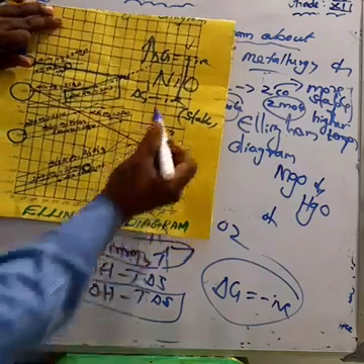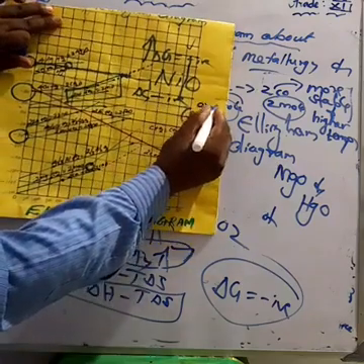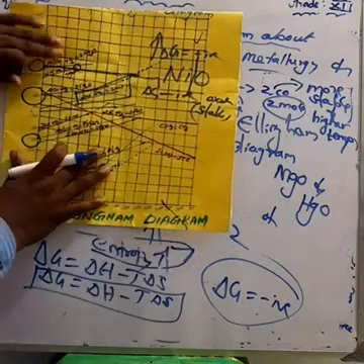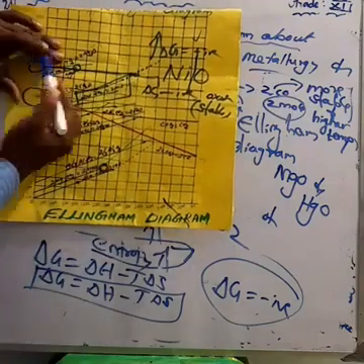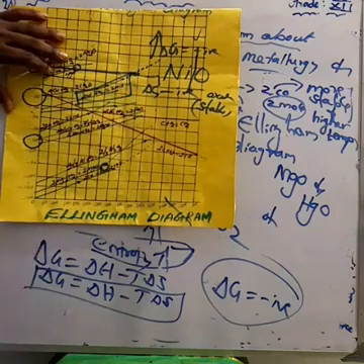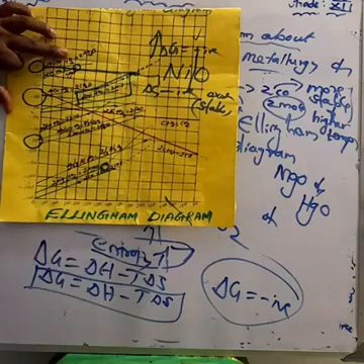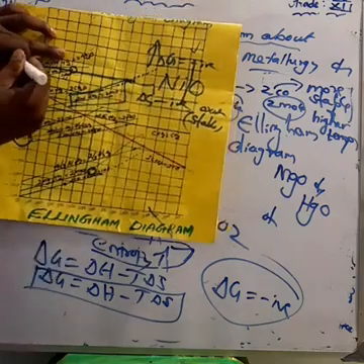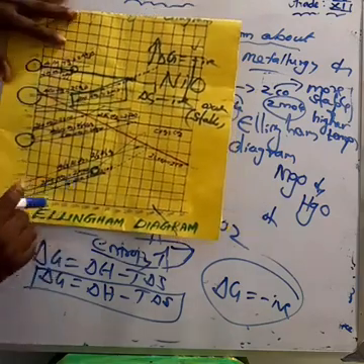What happens above this temperature? Above this temperature, delta G becomes positive. So the metal oxide becomes less stable at the higher temperature. So there is a decomposition of nickel oxide into nickel and oxygen. Nickel oxide decomposes very easily, okay?